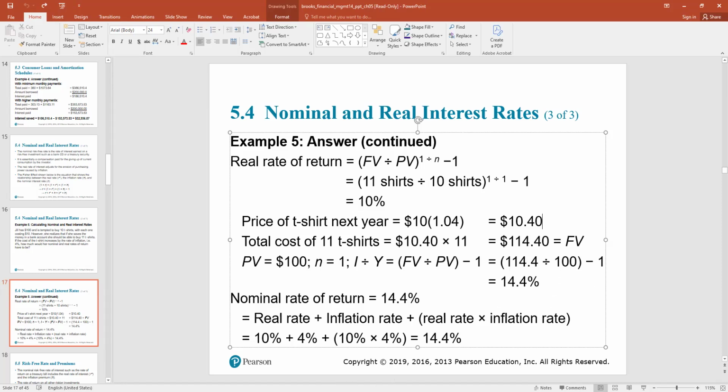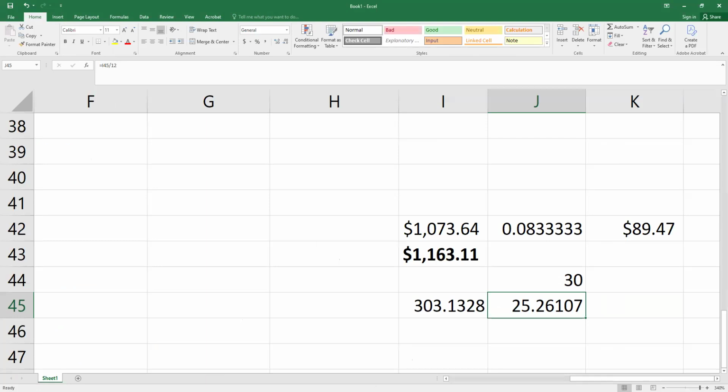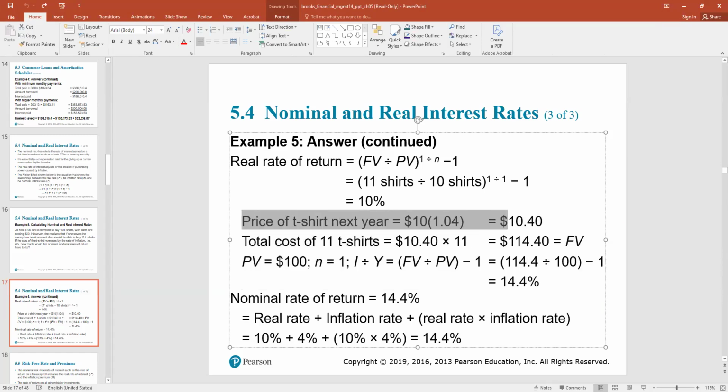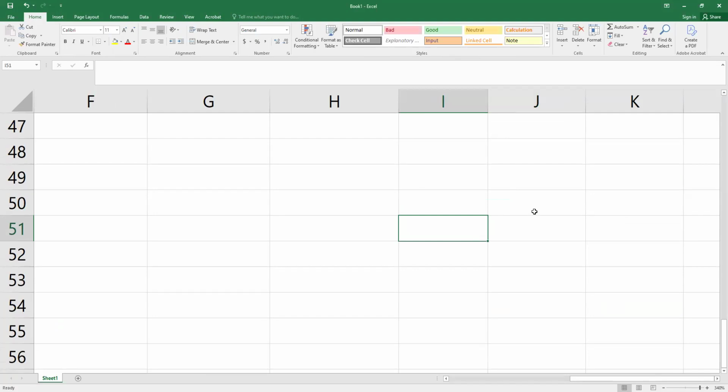So we have two alternatives to calculate. One using the Fisher effect, the other one using the formulas, okay? That is given here. Like price of t-shirt here. Now she has $100 and she can buy 10 t-shirts, yeah? But we want to buy 11 t-shirts.